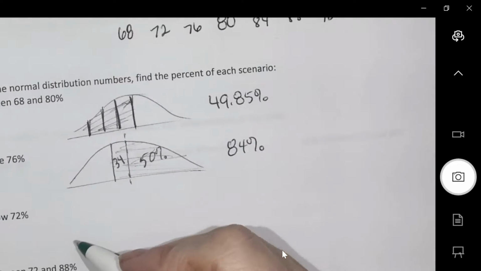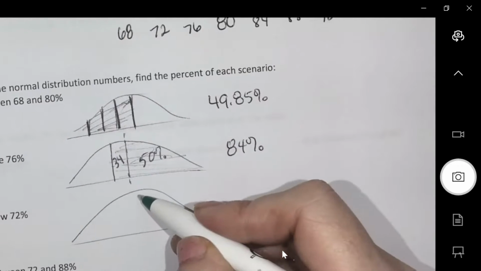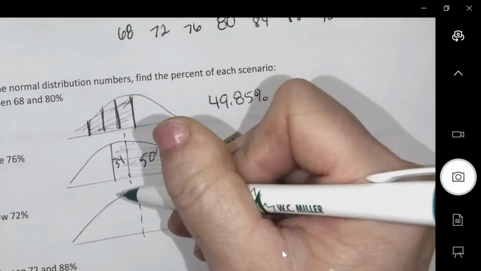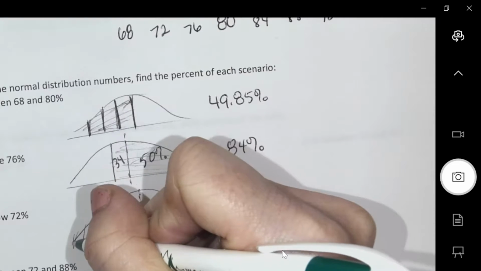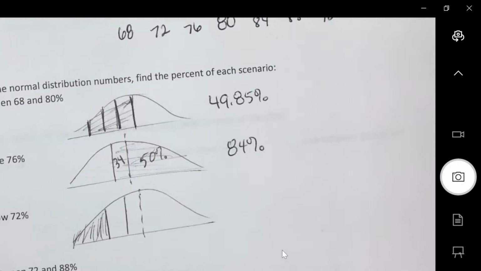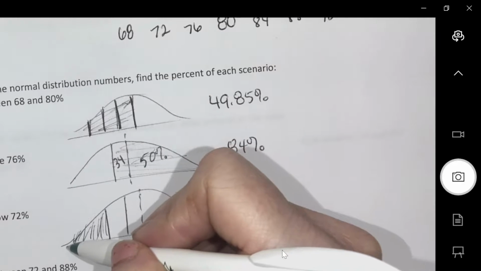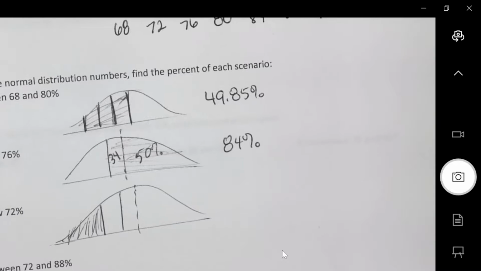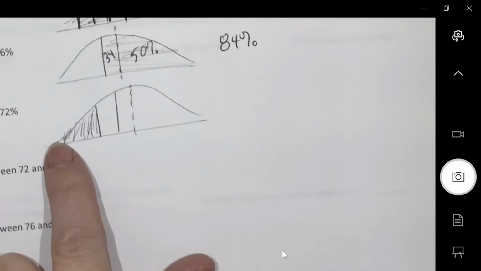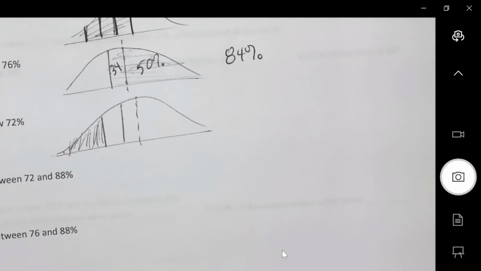Okay, below 72. I'm not sure how you want to do it. You might have all of those little sections.